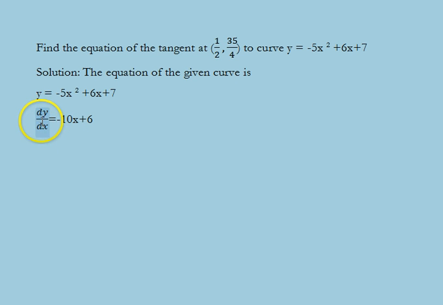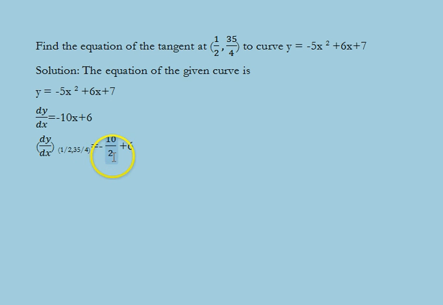Next we are going to find the value of dy/dx at the given point whose coordinates are 1/2 and 35/4. Thus dy/dx at point P with coordinates 1/2 and 35/4 is equal to minus 10 by 2 plus 6, which is equal to 1.